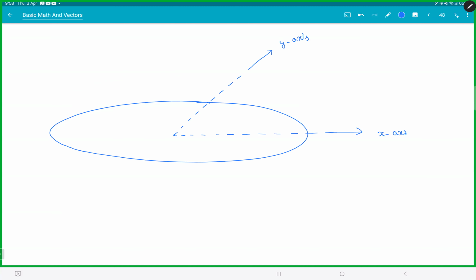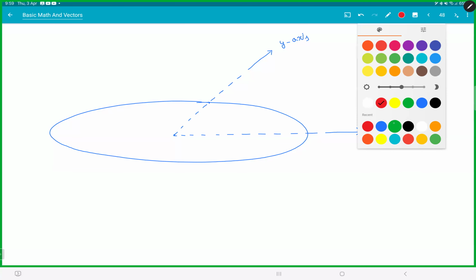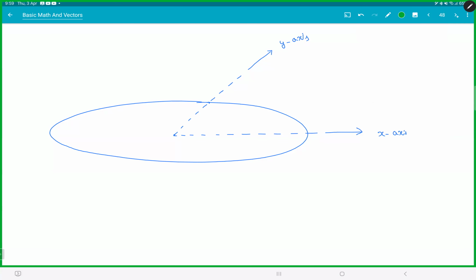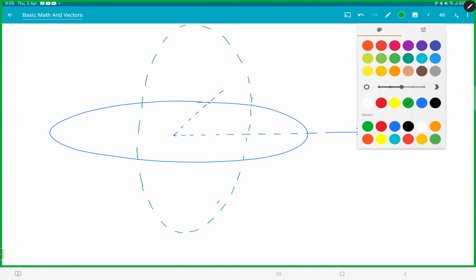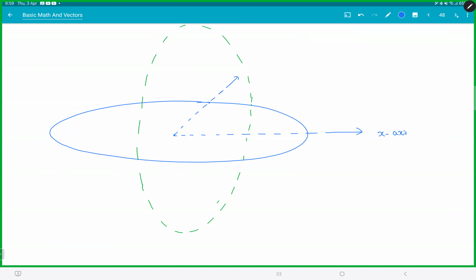Now, the first thing is r, theta, phi. So the point is somewhere on this line here. This is your y-axis.